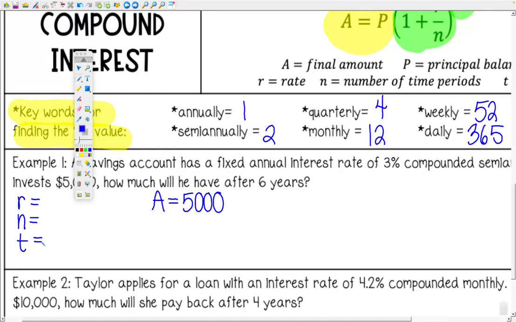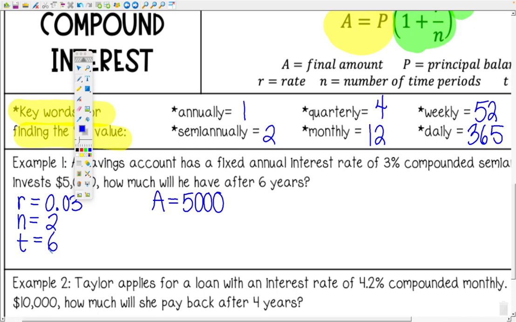So my rate for the R is 0.03 or .03, either or. The number of times I'm compounding it, remember this little portion right here? Was it semi-annually? Yeah. Semi-annually is 2 times. So my N is 2. But then the T represents the number of years. So that's going to be 6.